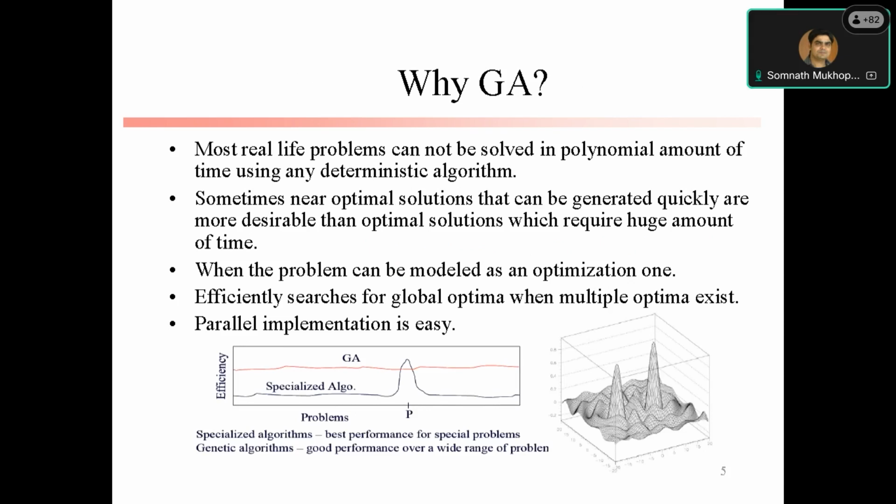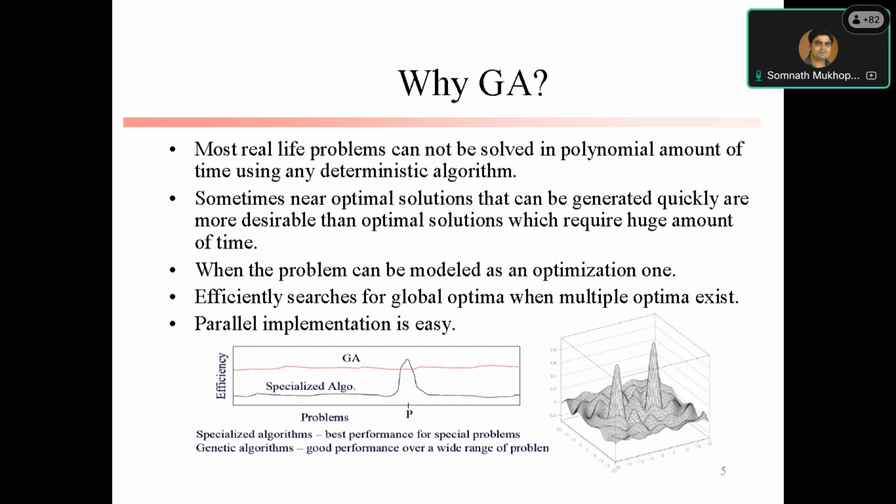An NP-hard problem is really difficult to solve in polynomial time, but the genetic algorithm guarantees that it can find the optimal solution, the global optimal solution, in polynomial time. But sometimes it may get stuck in a suboptimal solution.